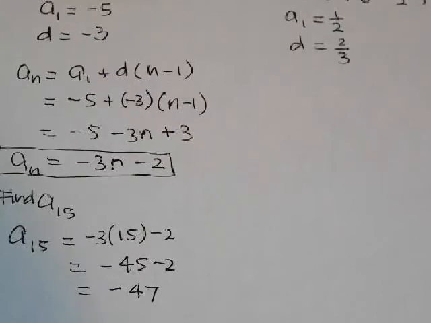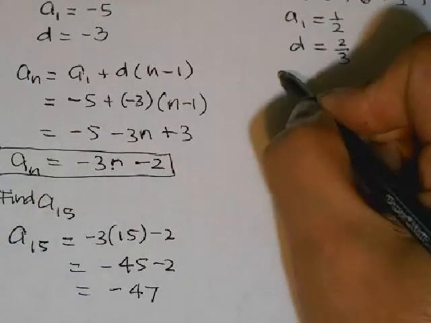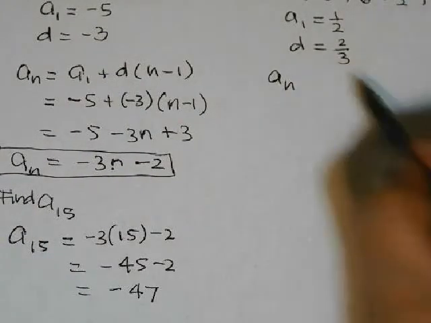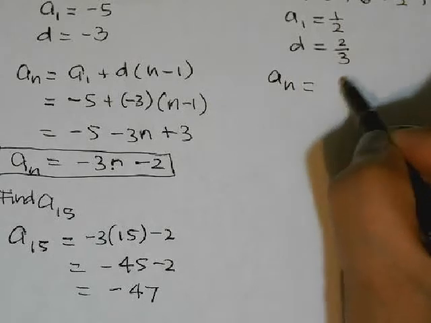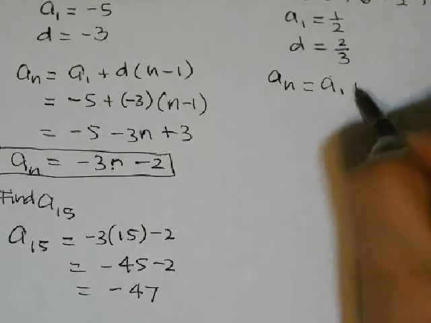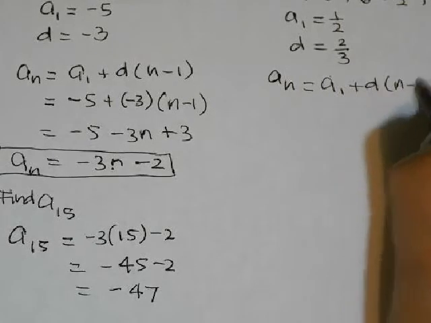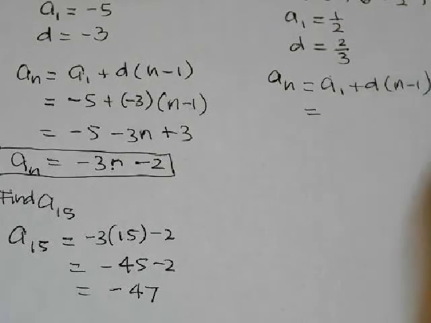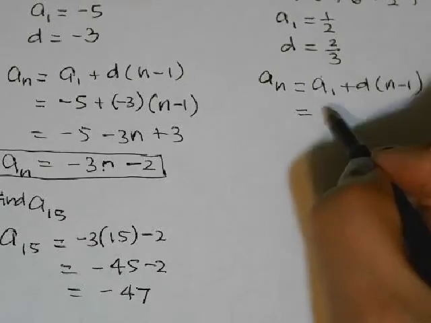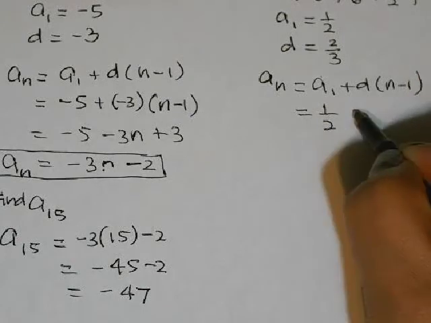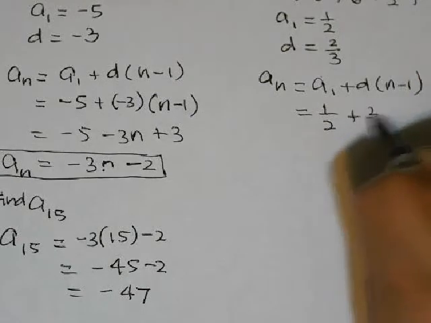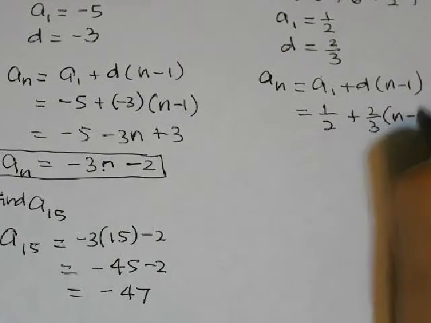Same thing here. We're going to get our a sub n. That's equal to a sub 1 plus d times n minus 1. So a sub 1 is 1/2 plus 2/3 multiplied by n minus 1.